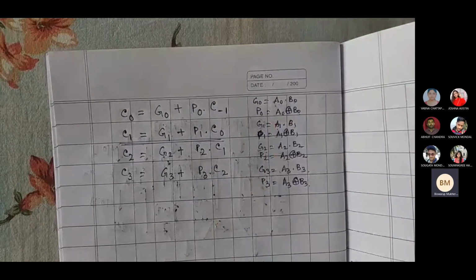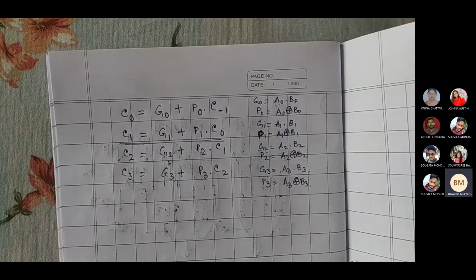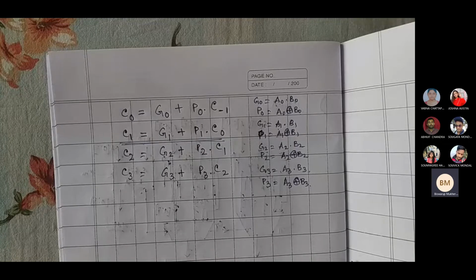So one gate time delay is for all cases. These P0 G0, P1 G1, P2 G2, P3 G3 will require only one gate delay. If the XOR gate delay is a little bit more than the AND gate delay, then that is the maximum delay we are having, right?